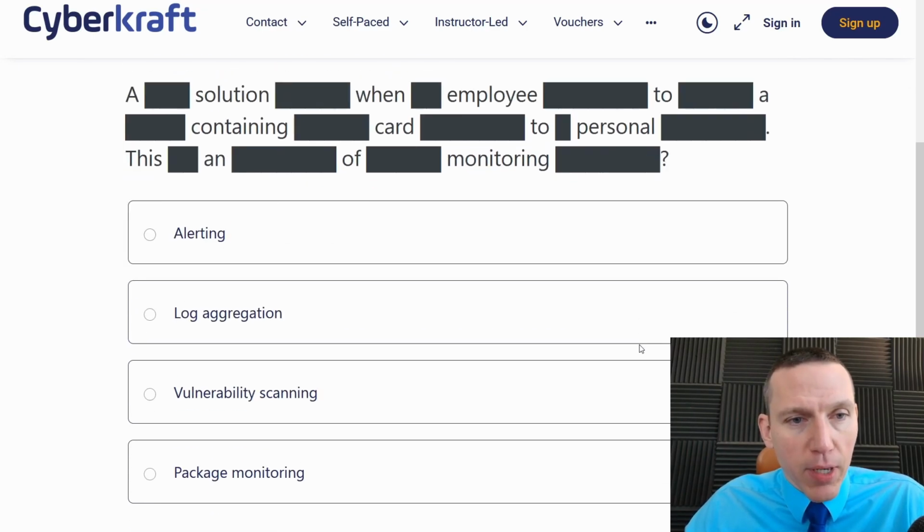Okay, let's do this one. A blank solution, blank when an employee, something to blank a something containing card to personal. This is an example of threat monitoring.